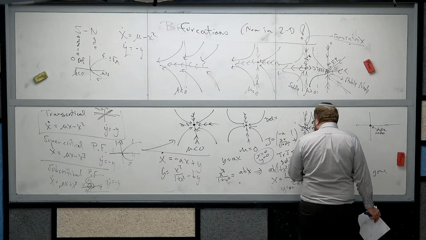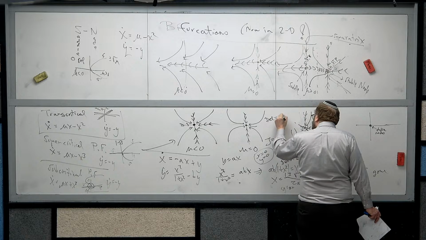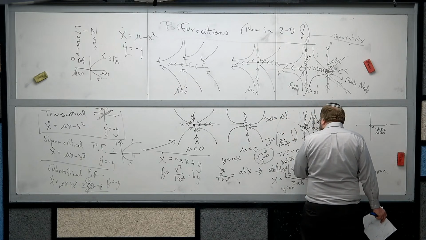So the determinant J therefore is AB times 1 plus x squared.